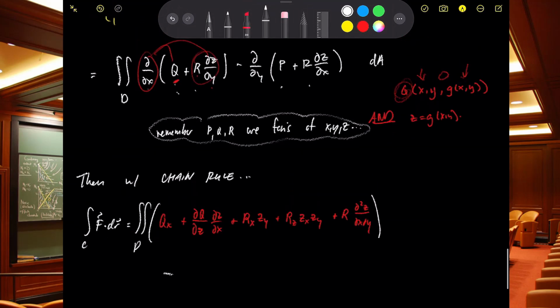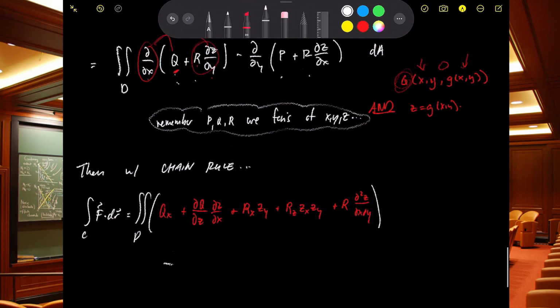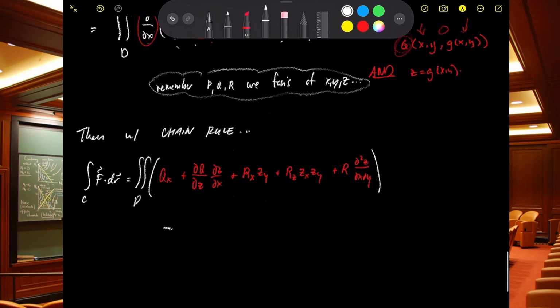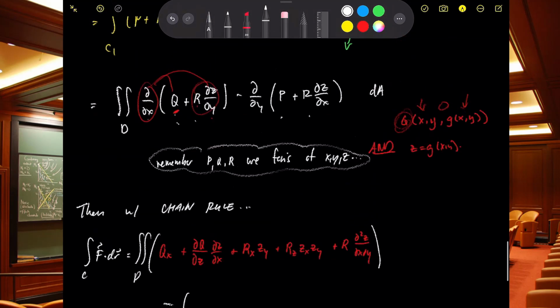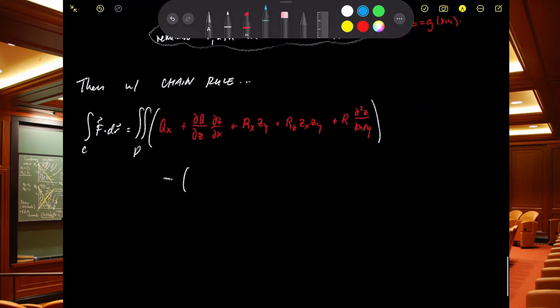Second part, we do a similar thing, differentiate but with respect to y. And so what do we get? Well, we get p sub y, z sub y, right?